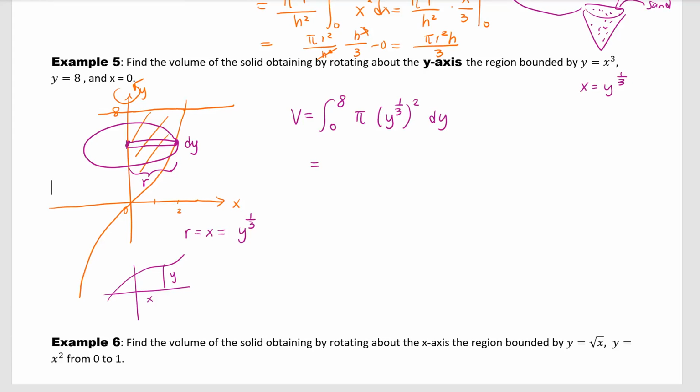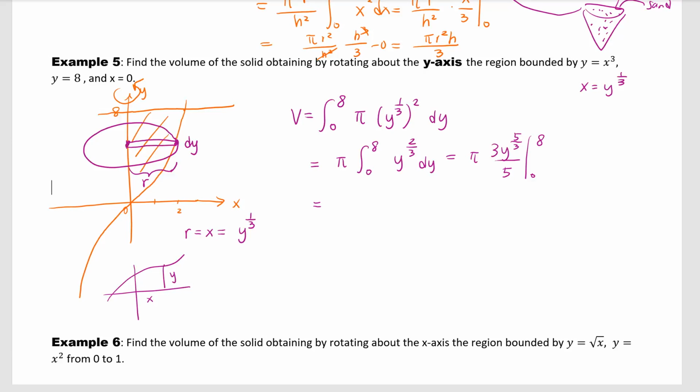And then next, pi we can move out. This is y to the 2/3, right? How do we integrate it? Well, that is y to the, add 1 to it, so 5/3, over 5/3, flip it on top. Evaluate from 0 to 8.